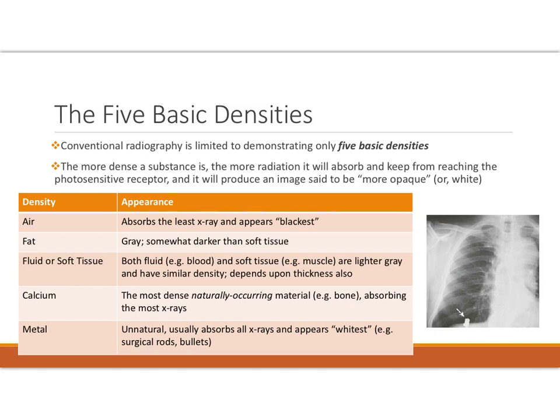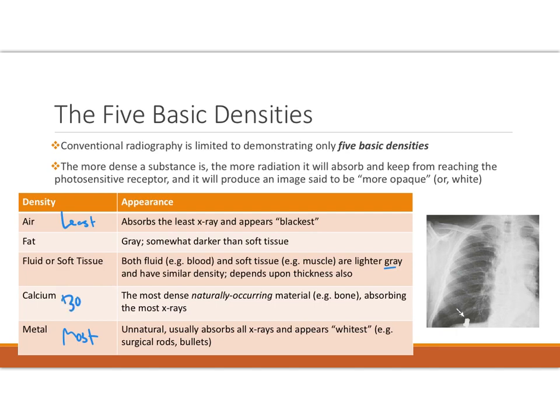And then we have this range of density. So, least density here, most density down here. You really have 4 natural densities, right? Air, then fat is not very dense, so it's dark gray. Fluid or soft tissue gets a little bit lighter.